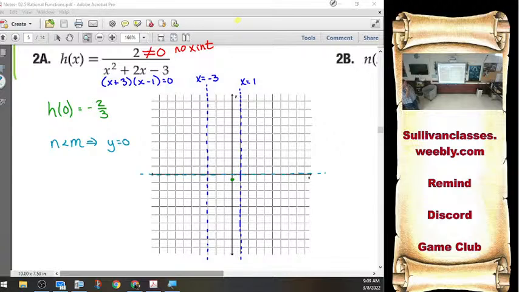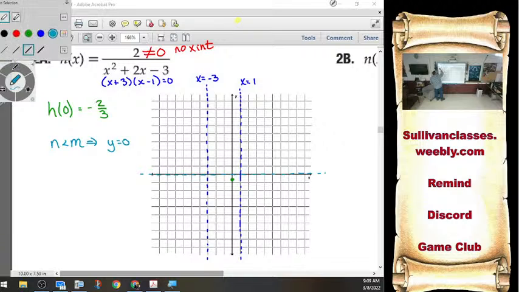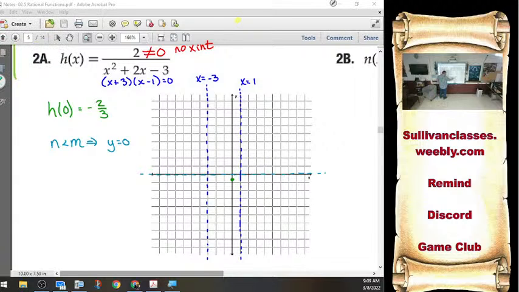Now, the question is, where do all of the other things happen? Where's the behavior of this graph? Experience tells me that because I've got a y-intercept here, with things like symmetry, I'm probably going to have a point here, a mirror of that point over here, a mirror of that point up here.